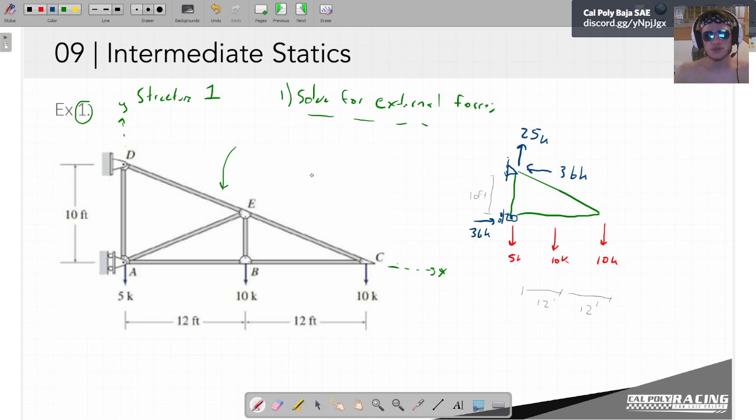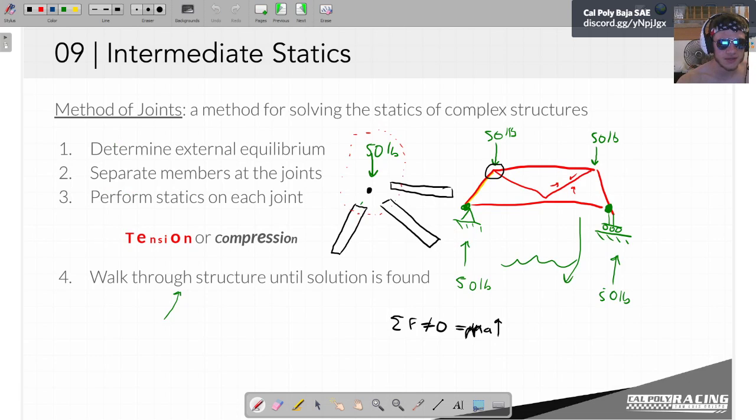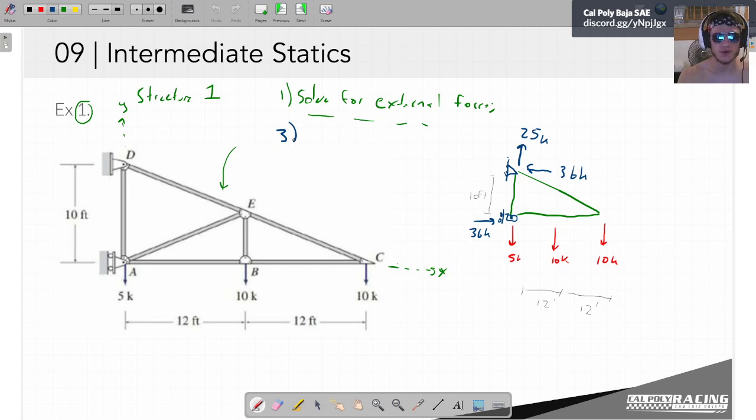The more knowns that we can generate from the start, the easier our task's going to be. So, does anyone have any bright ideas as to where we might want to start this problem? Step 3 of this problem. Right, so I said separate the joints. So where we might want to start step 2.